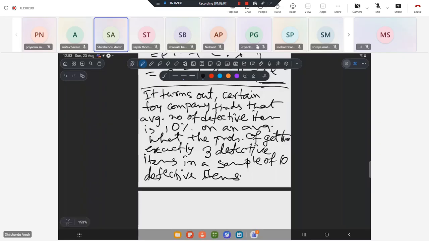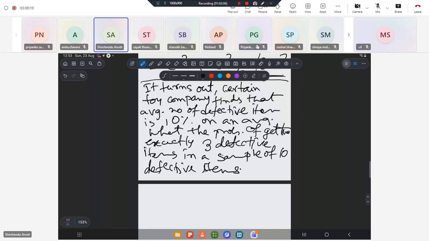Right? So we can do this in terms of two approaches. One thing is that since the number of observations is 10 and the probability is given as 10%, that is 0.1, I can find lambda as n into p, that is 10 into 0.1, that is 1.